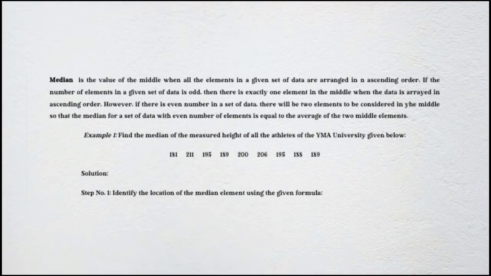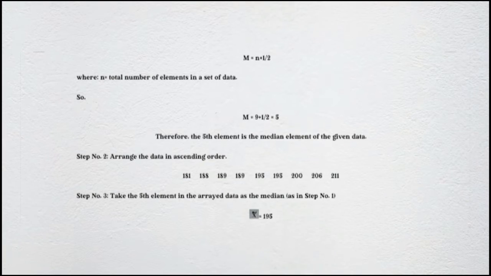For the solution, step number 1, identify the location of the median element using the given formula. Median location is equal to n plus 1 all over 2, where n is the total number of elements in a set of data. So n is equal to 9, 9 plus 1 all over 2, so we have 5. Therefore, the fifth element is the median element of the given data.